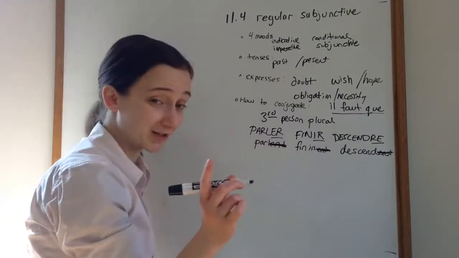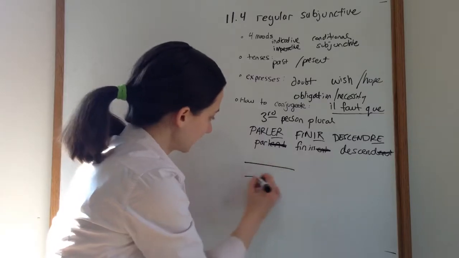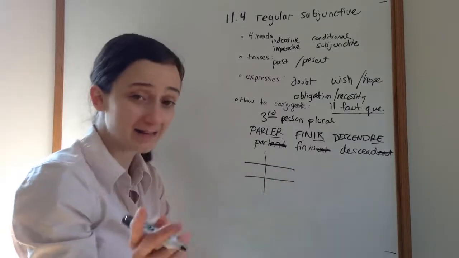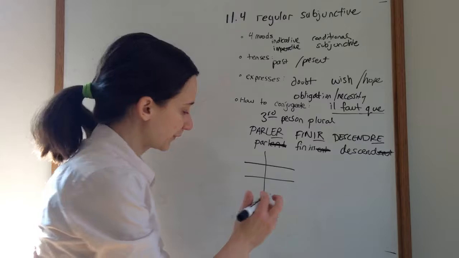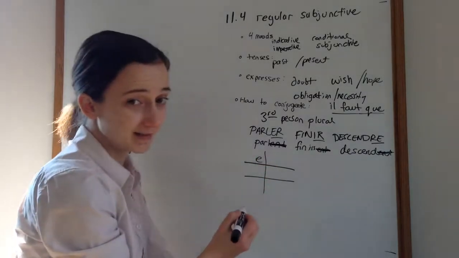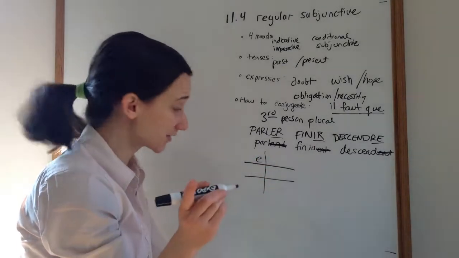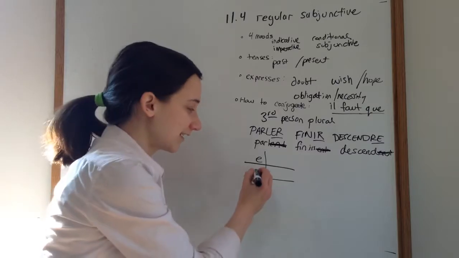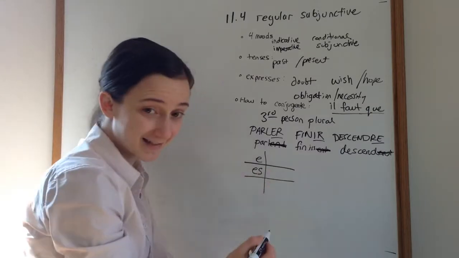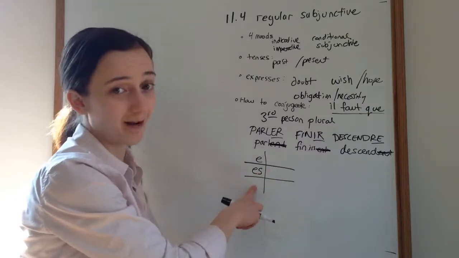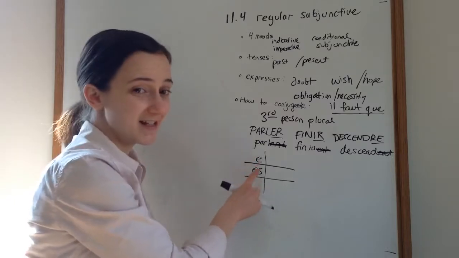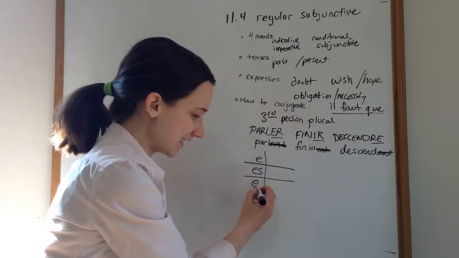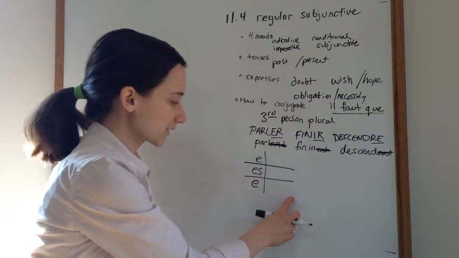Really easy. Watch this. You won't even believe how easy this is going to be. E. Can you guess what's going to come next? E-S. Okay, now you definitely know. We have E, E-S, E. What's going to go here?